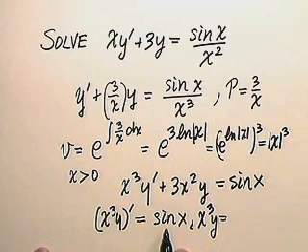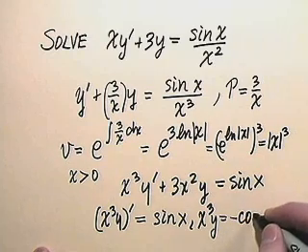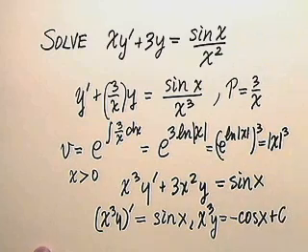x cubed y is equal to the antiderivative of sine x plus a constant of integration. So the antiderivative of sine x is negative cosine x, and then we have plus our constant of integration. Well, let's clean this up a little bit.